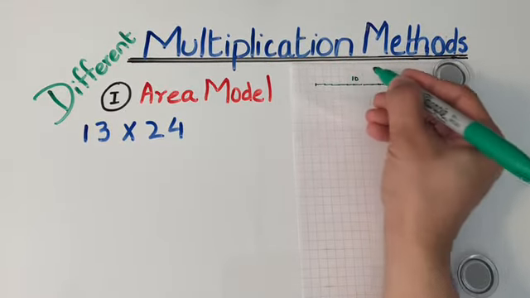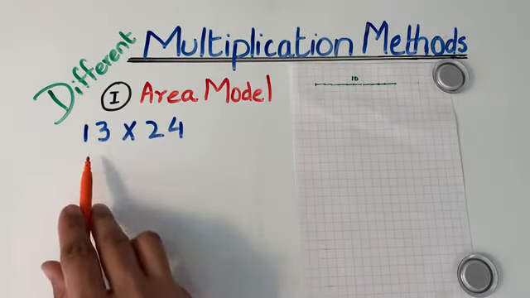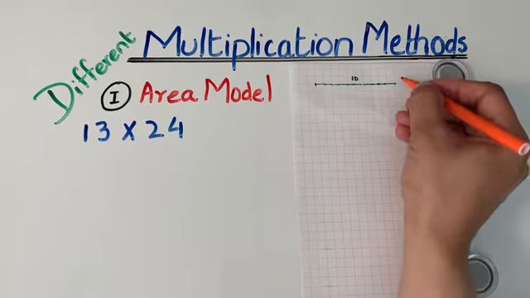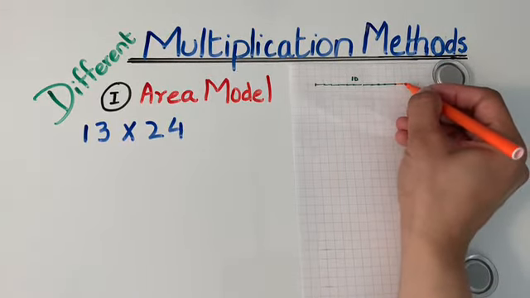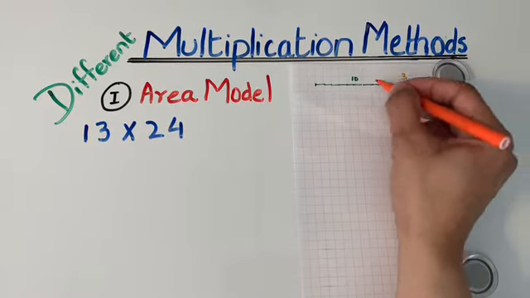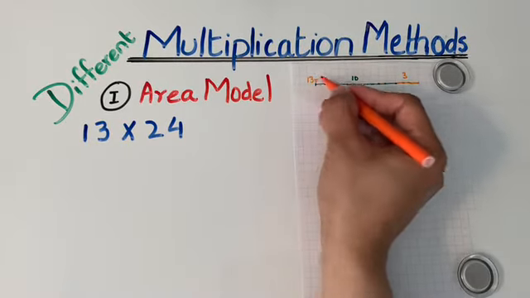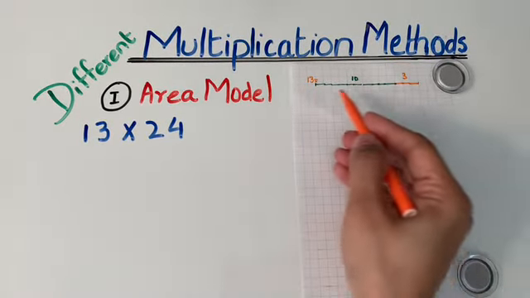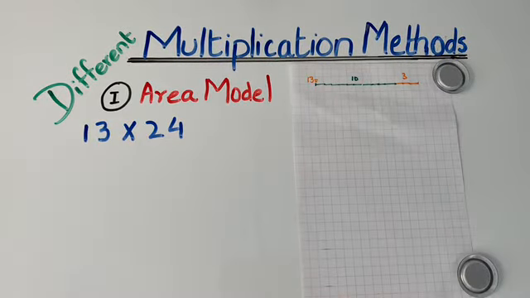Now this is 10 plus 3, so we have to move 3 more blocks. 1, 2, and 3. So 10 plus 3 is 13. This whole line is 13, 10 plus 3.